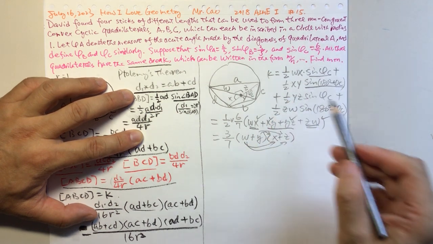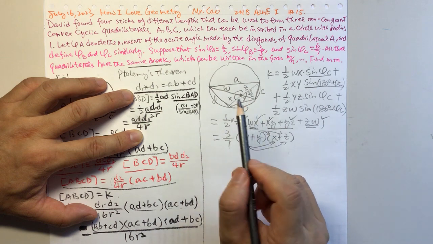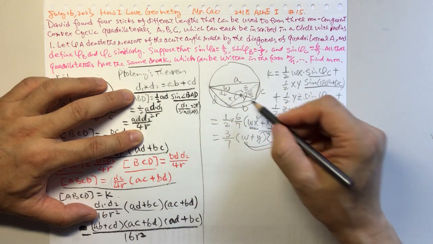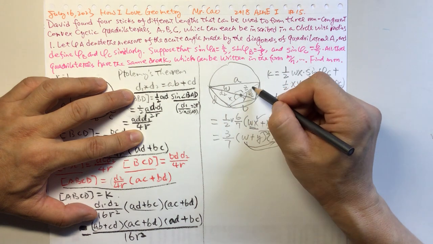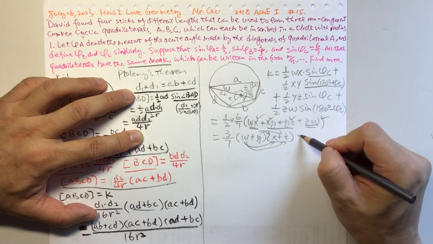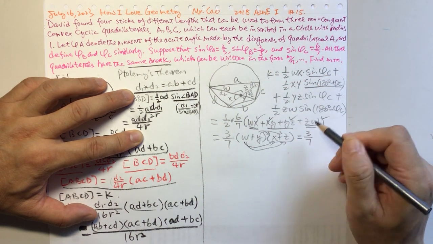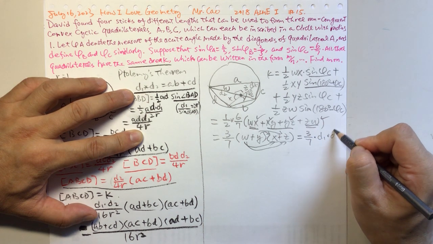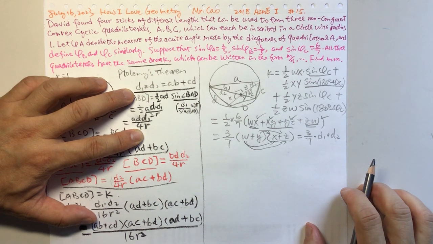We know W plus Y is D2, right? And X plus Z is D1. So it means K equals 1/2 sine phi C times D1 times D2, right?